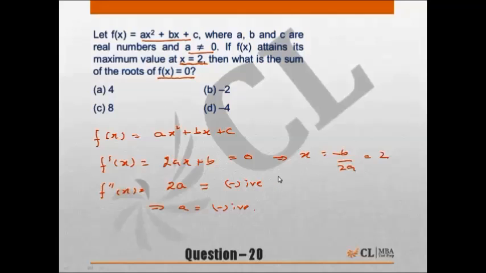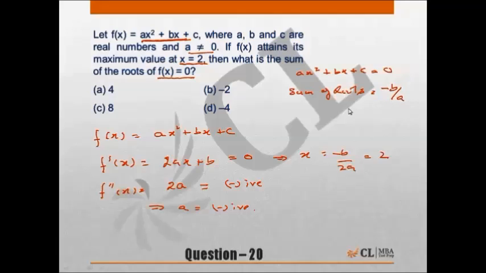What is the sum of roots of f(x)? Now the sum of roots will be minus b upon a. As per this question, for ax square plus bx plus c equal to 0, the sum of roots will be equal to minus b upon a.